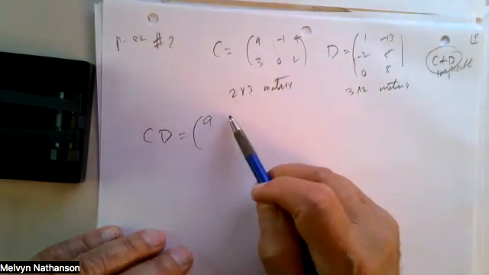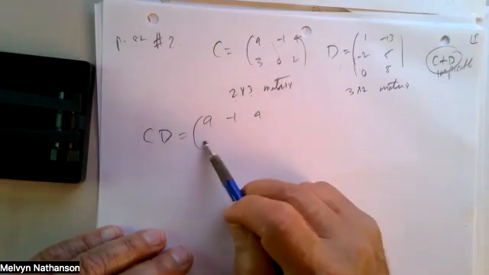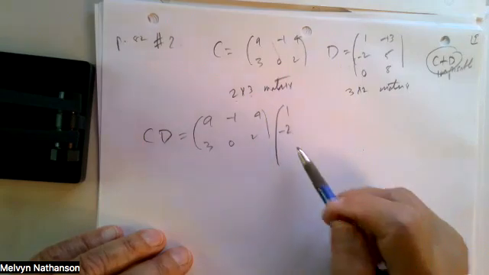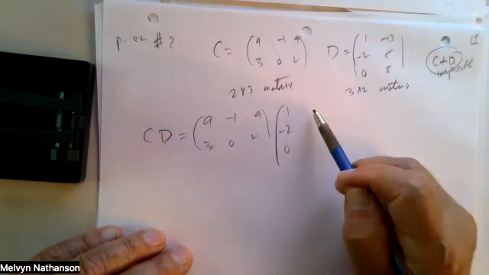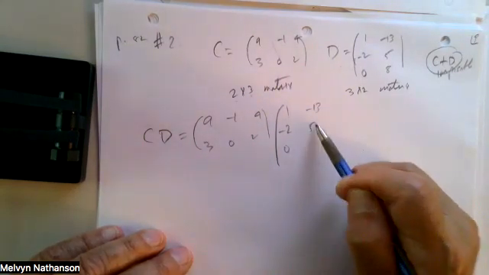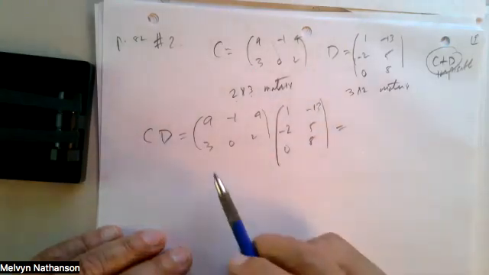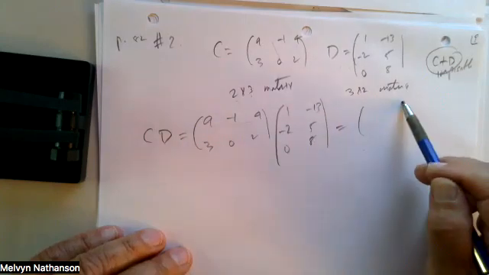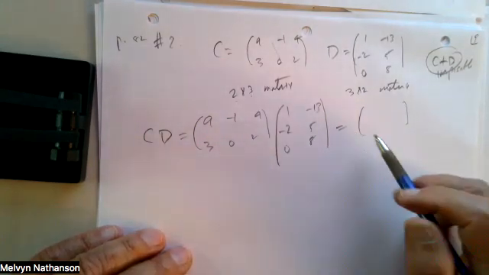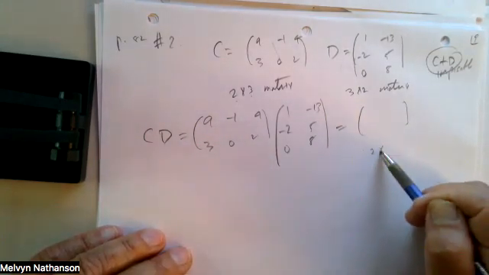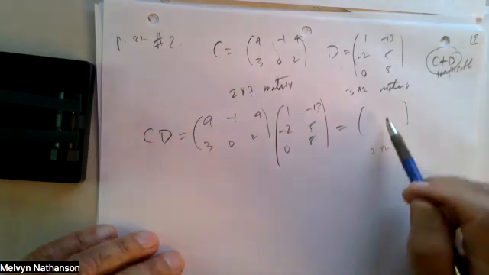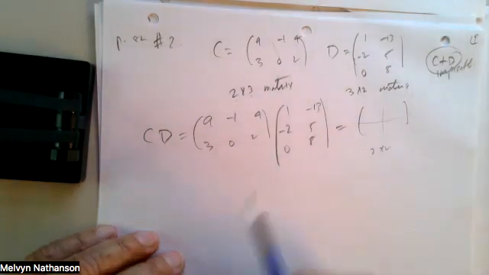So this is 9, -1, 4, 3, 0, 2 times 1, -2, 0, -13, 5, 8. So I can multiply row into column. And what's the shape of the final matrix going to be? It's going to be a 2 by 2 matrix, right? 2 rows, 2 columns.